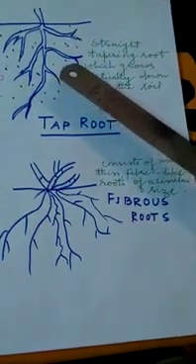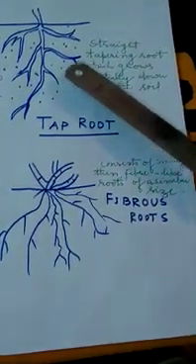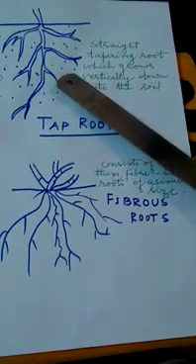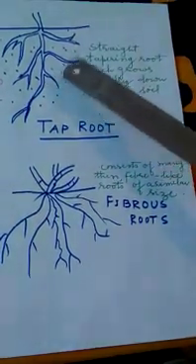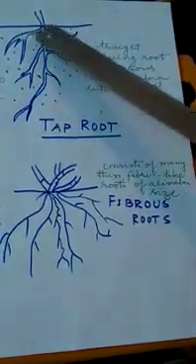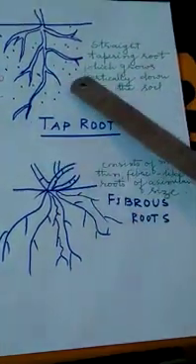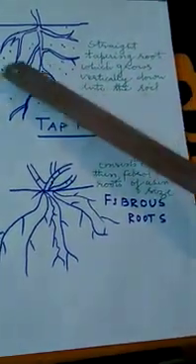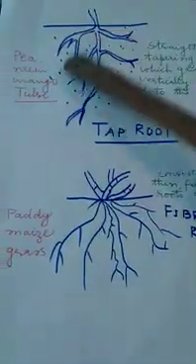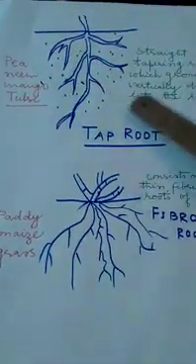Now I want to inform you that all the dicotyledon plants have tap roots only. So pea, neem, mango, tulsi, all are dicotyledons too.